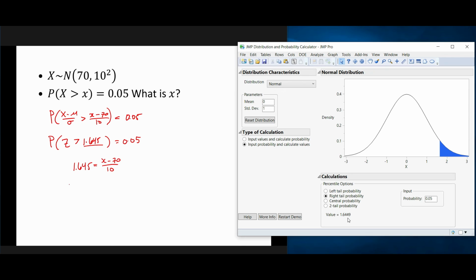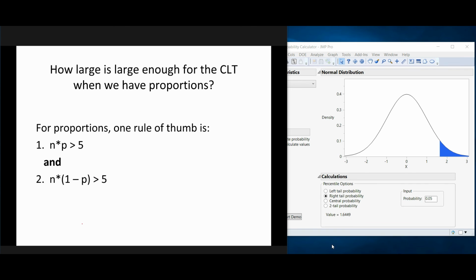I'll get 1.645 times 10 plus 70 is equal to that x. So I have 70 plus 16.45, and that gives me 86.45 is x, which is what we found on that previous calculation.